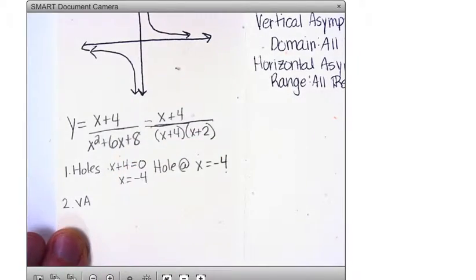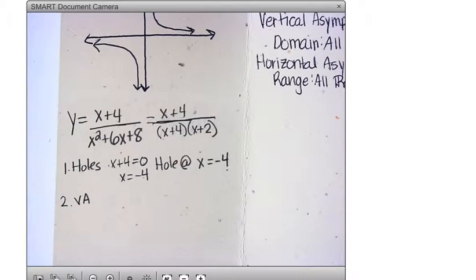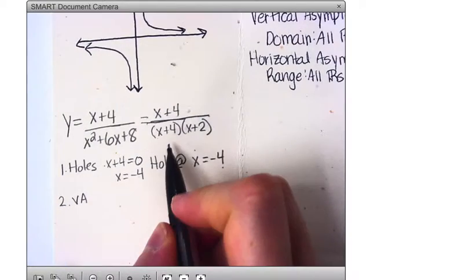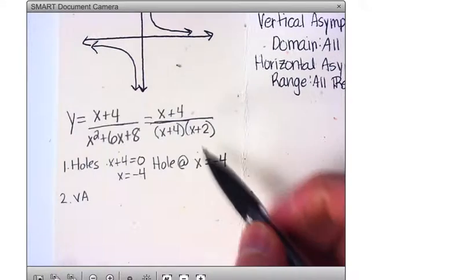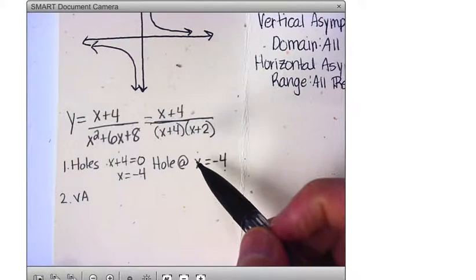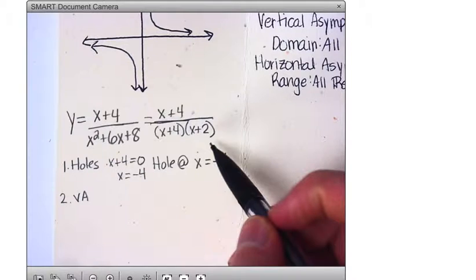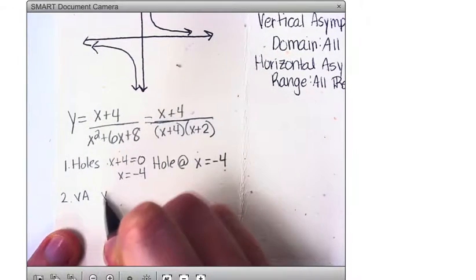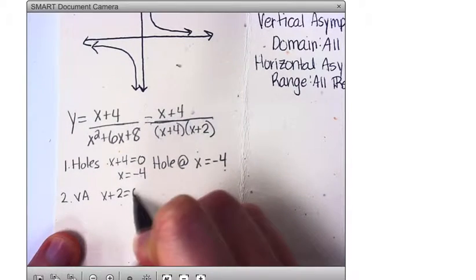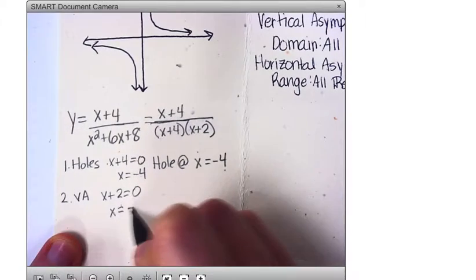Look at your notes over there. Vertical asymptotes, factor the denominator and set it equal to 0. So what happened to this one? It goes away, so that's not part of it. My vertical asymptote's only going to happen on the ones left. So x plus 2 equals 0. X equals negative 2.